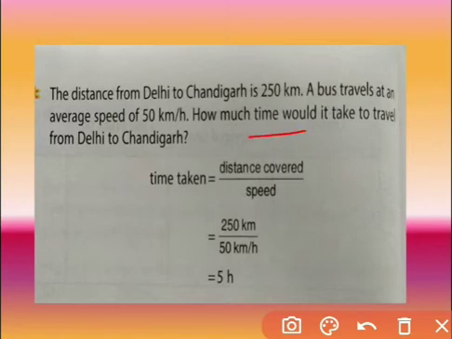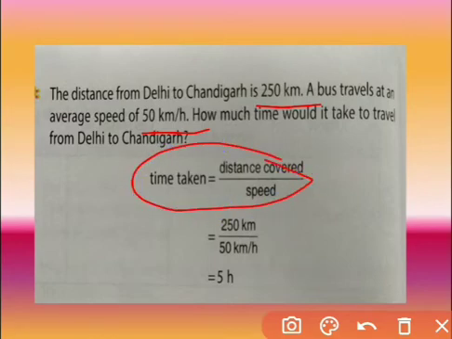In this question, we have to find the time, and the formula for time is distance covered upon speed. Now students, tell me, what is the distance given? It is 250 km. Very good. And what is the speed given? It is 50 km per hour.